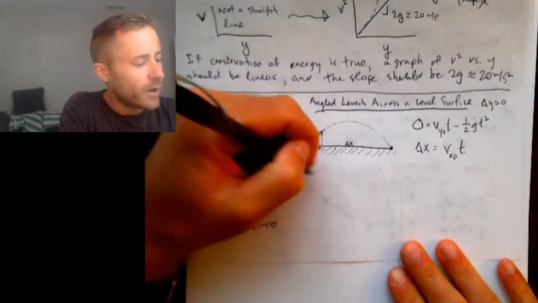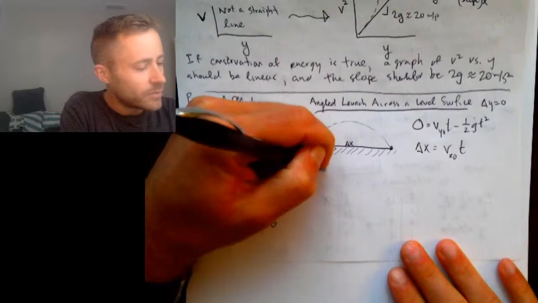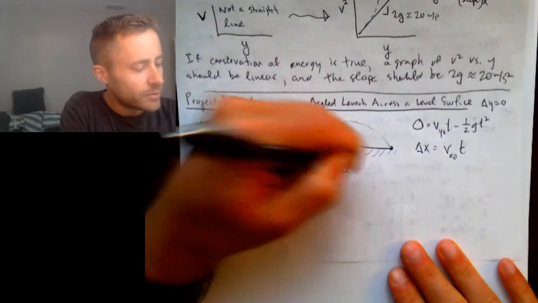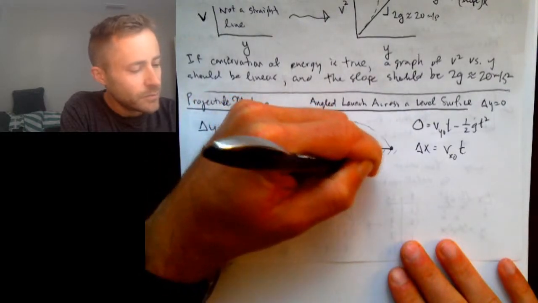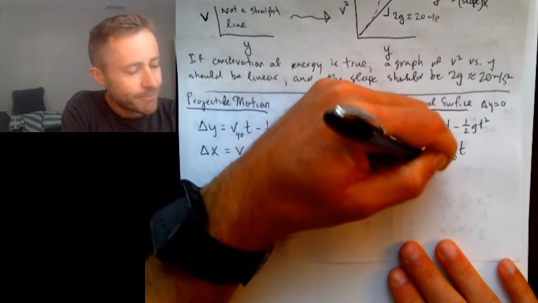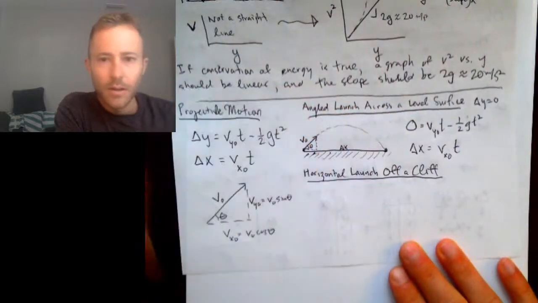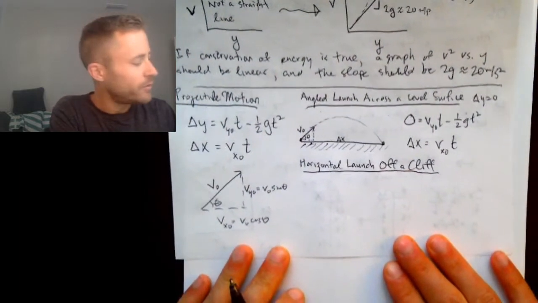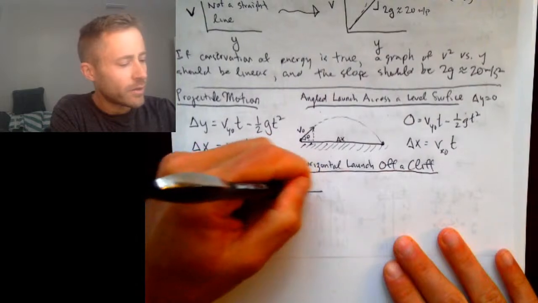We could also have horizontal launch off a cliff. Horizontal launch off a cliff. So that looks like this.